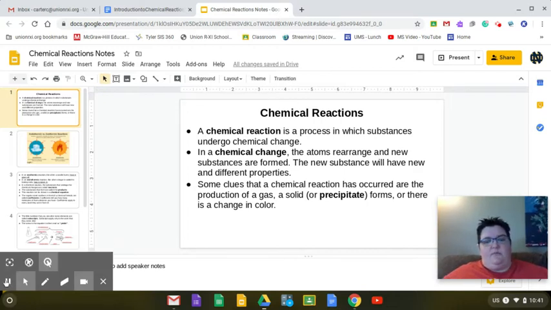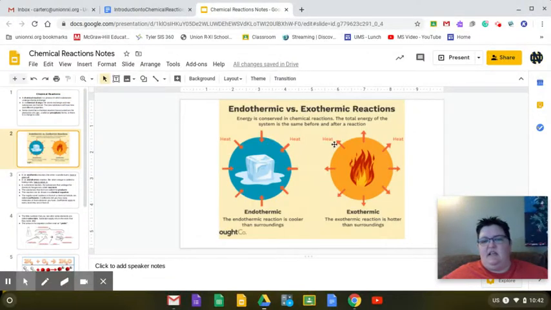Okay, so you'll get that gas, or you'll get sometimes a solid, which is called a precipitate, a scientific fancy name for it, that's going to form, or you'll see a change in color. And one of the most common chemical changes that we see, you can see here on the second slide, is fire. Okay, something burning. So it could be wood burning. It could be a variety of different things that are on fire or that are burning.